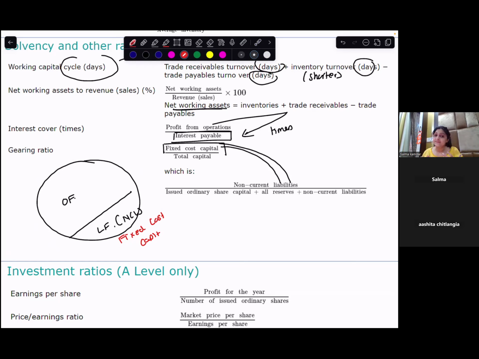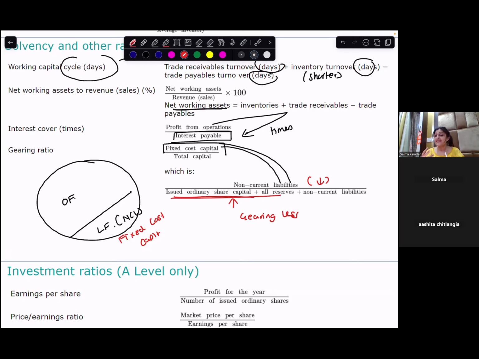In this case, your non-current liability will be little less and your denominator will be more because your own funds is more. So that is good. Your gearing will be less. That means your creditors are not surrounding you to take back their money.